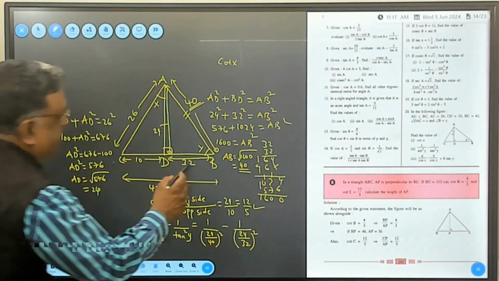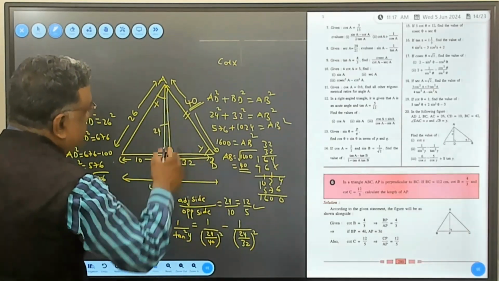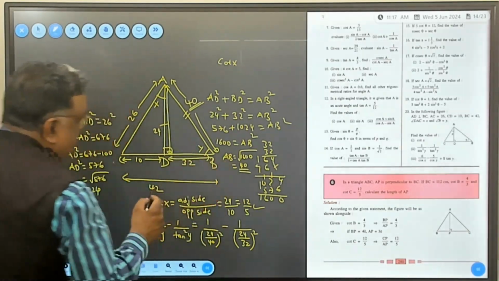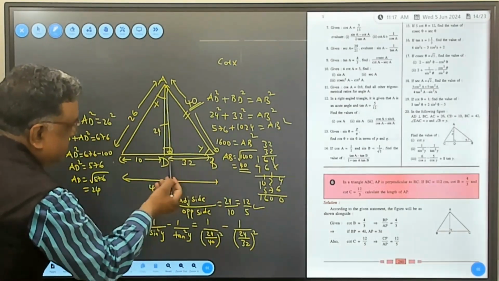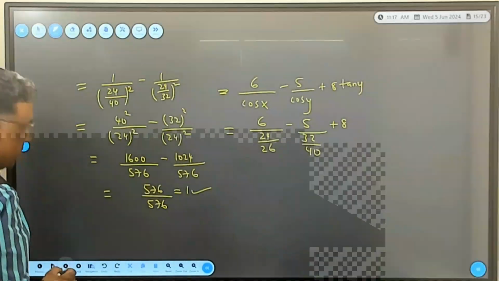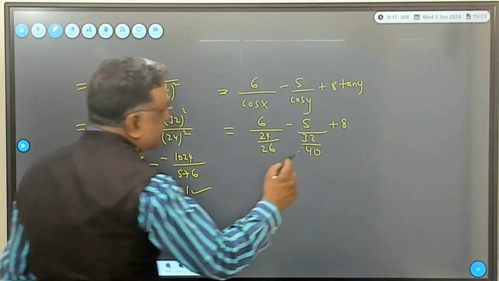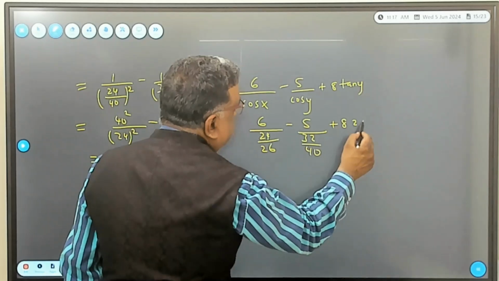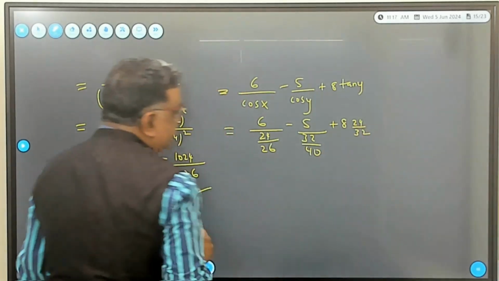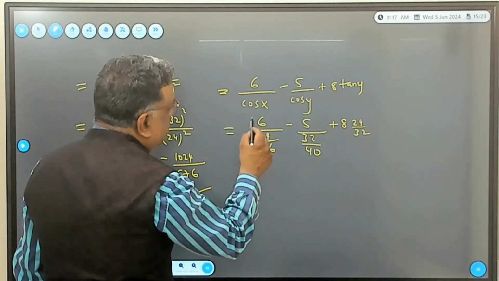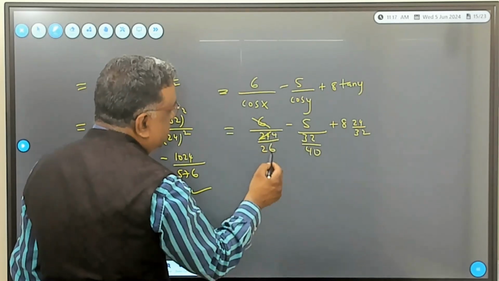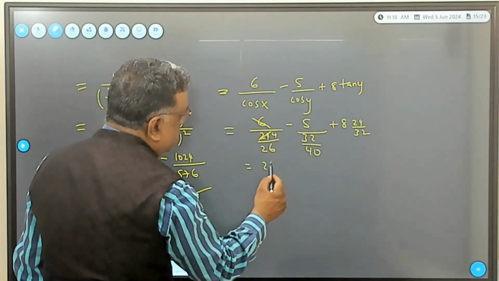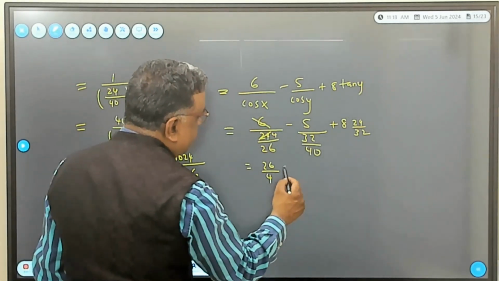What is tan y? Opposite upon adjacent, 24 upon 32. Correct? Now this I can cut with 4. 26 can go up as 26 by 4.